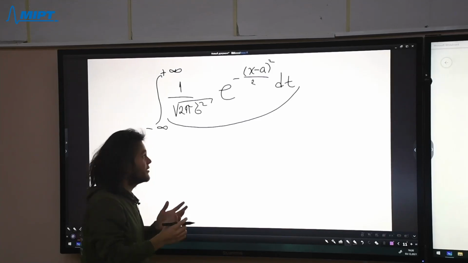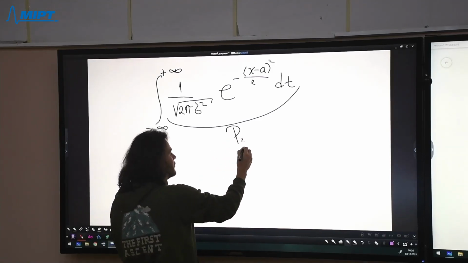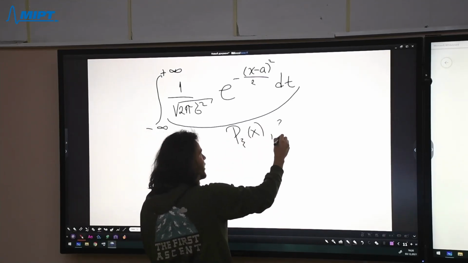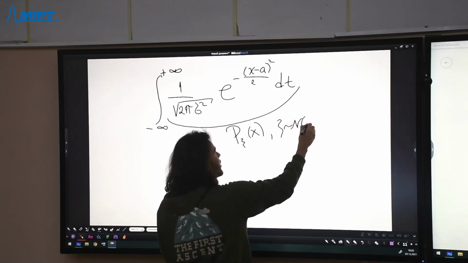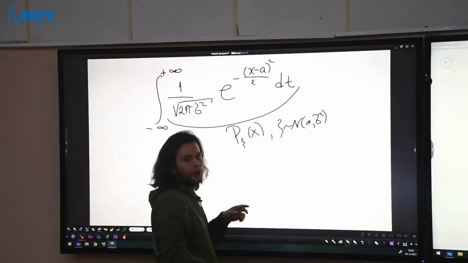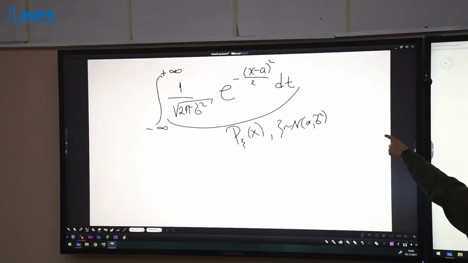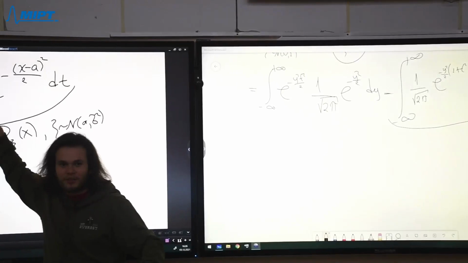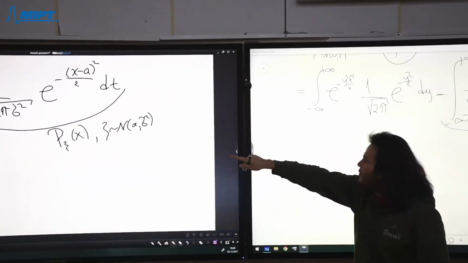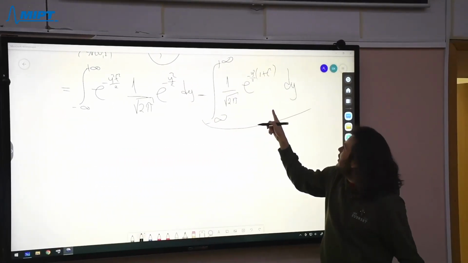This is the density of psi if psi has normal distribution with parameters a and sigma squared, right? Now, what is the difference between, I mean, without the integral, right? The integral is going to be 1. So what is the difference between that and this?